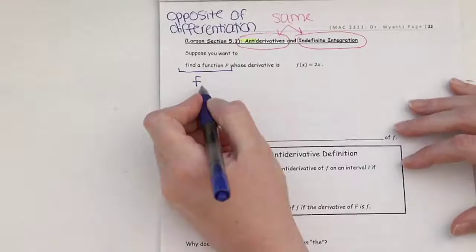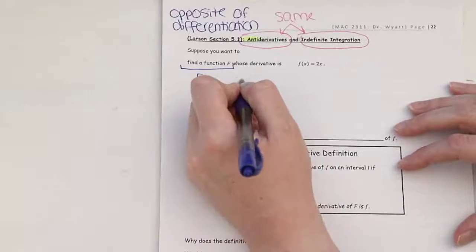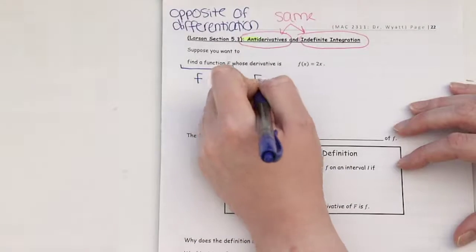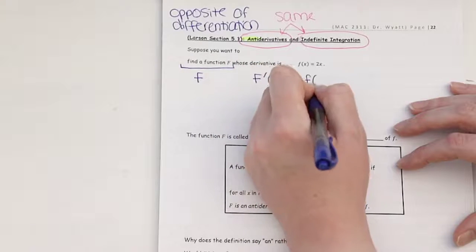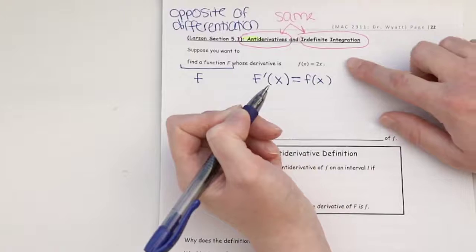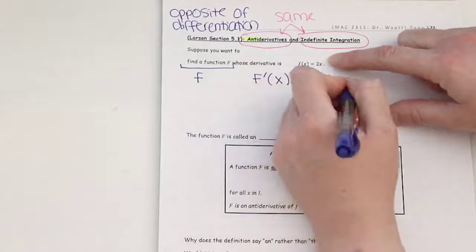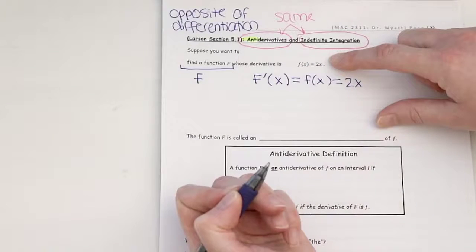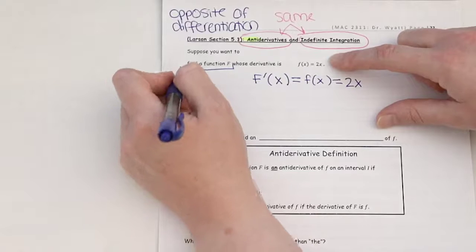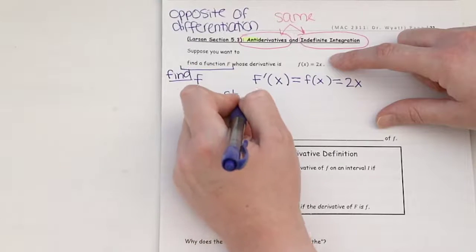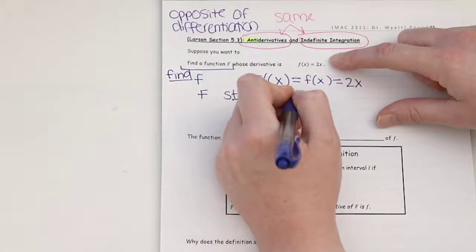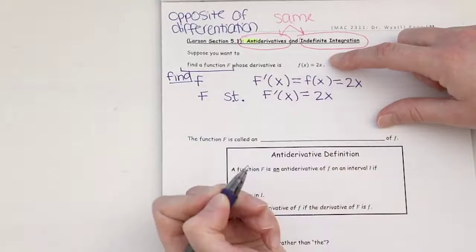So we want to find capital F such that capital F's derivative is equal to little f of x. Okay, and in this particular problem, they've told us that little f of x is equal to 2x. So we want to find this capital F function such that capital F's derivative is equal to 2x.